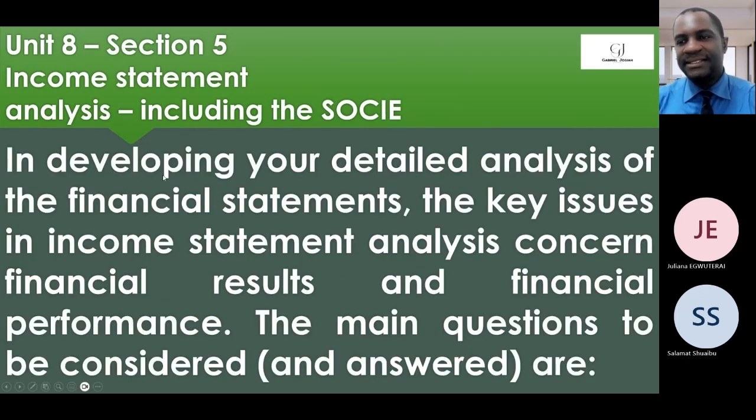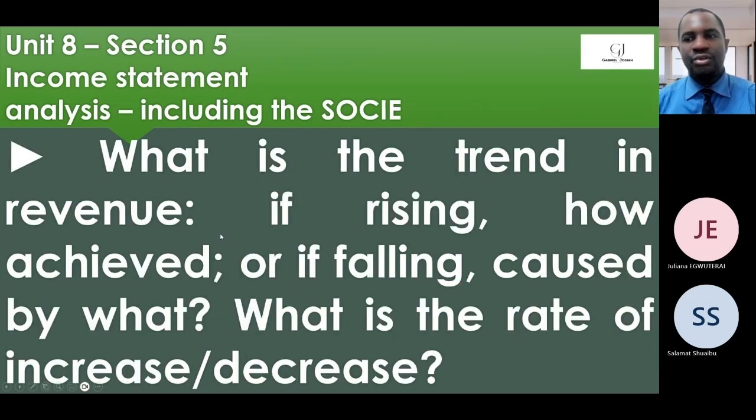So in developing detailed analysis after your ratio analysis, the financial statements, when you do your detailed analysis, key issues in the income statement analysis concern financial results and financial performance. The main questions to be considered here include, what is the trend in revenue?